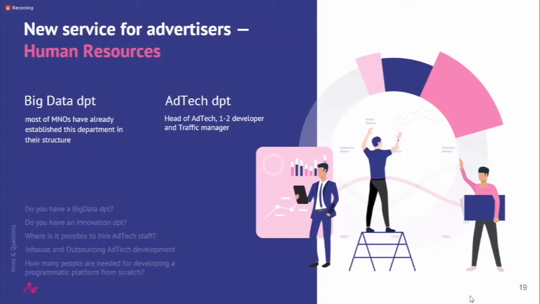They need to get really good, quite experienced people who know what programmatic technologies and advertising technologies are, how they work, who know the market, and who know how to play on this market.